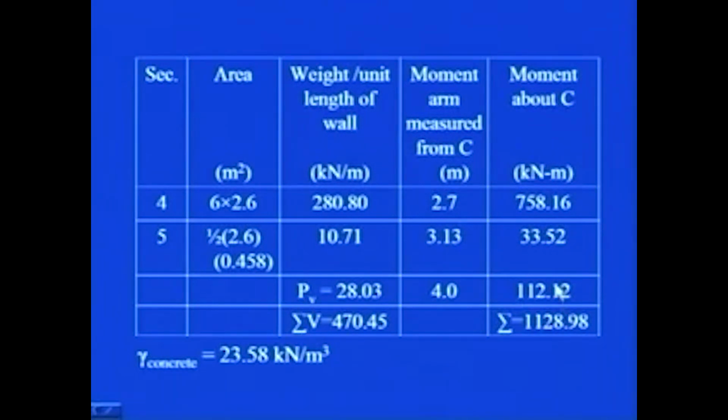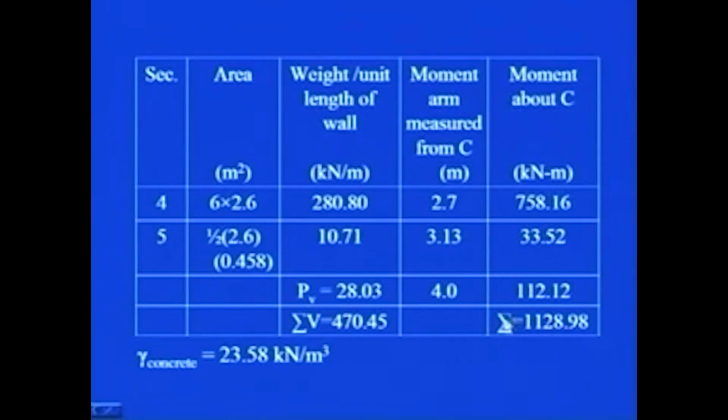And then you take the summation of all the moments in this column, that is the moment about the point C, and that results in 1128.98 kilonewton meter, that is the total resisting moment.